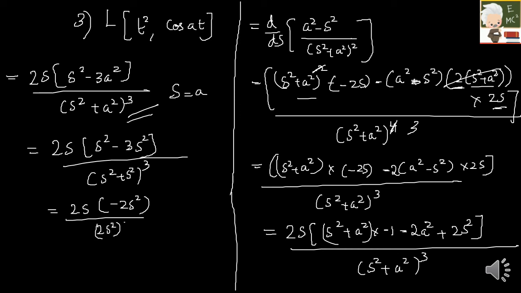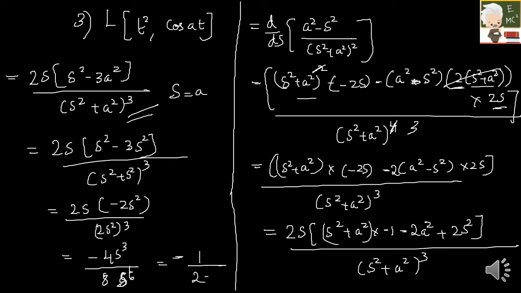So the numerator is minus 4s cube divided by 8s power 6. Sorry, yes, 8s power 6. So finally I'll be having minus 1 by 2a cube.